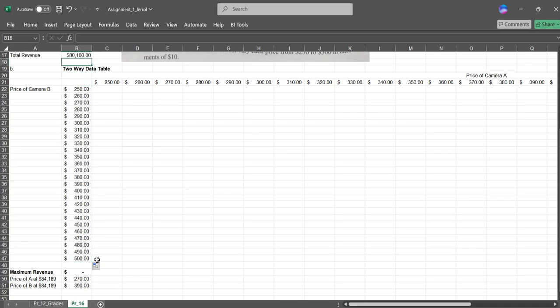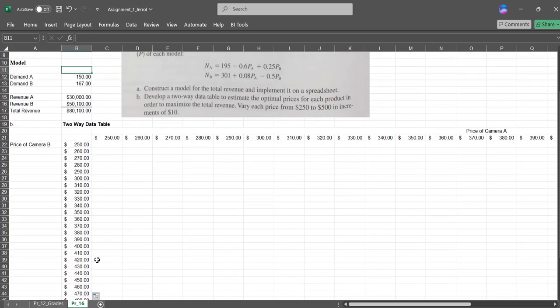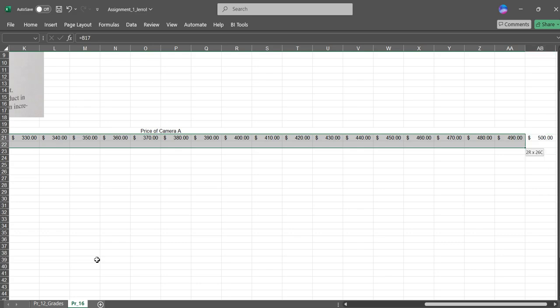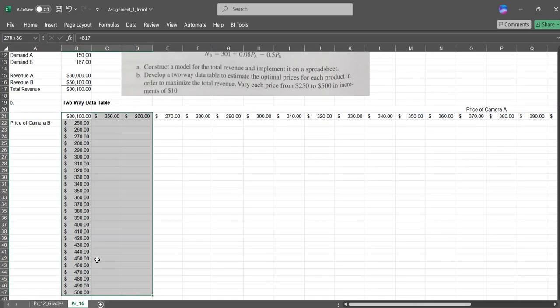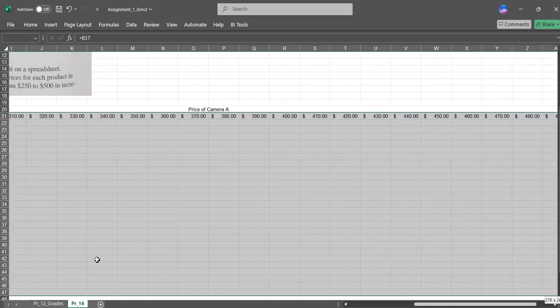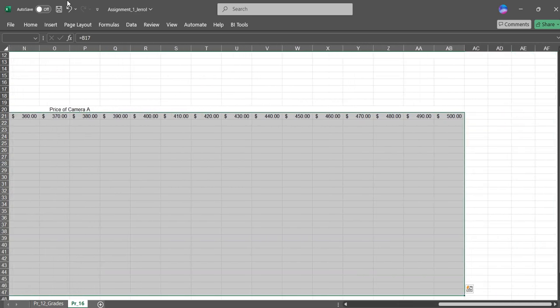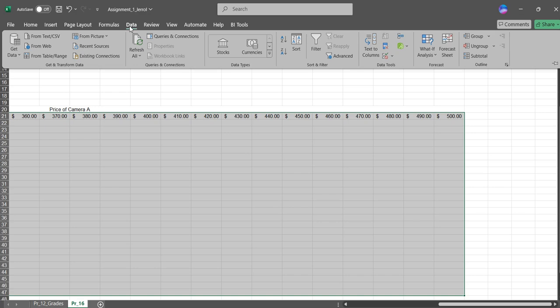Now I have taken both of these prices, and my objective is to maximize the total revenue. I need to determine the price of camera A and the price of camera B that will maximize our total revenue. We can do this with the use of data analysis, what-if analysis.